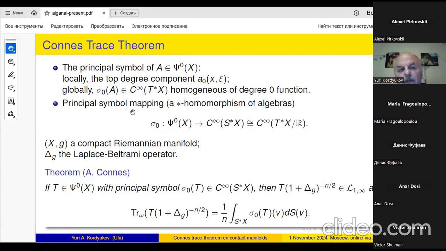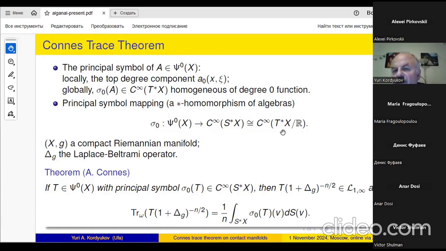And thus we have the principal symbol mapping. This is a star homomorphism of involutive algebras, from the algebra of pseudo-differential operators to the algebra of smooth functions on the cosphere bundle, which is the same as the algebra of homogeneous functions of degree 0.